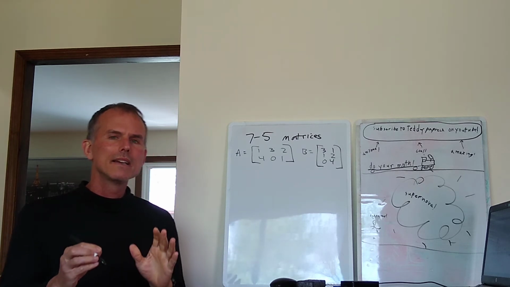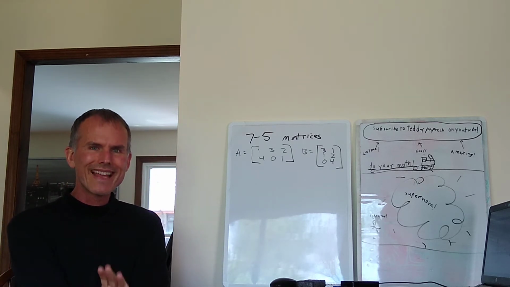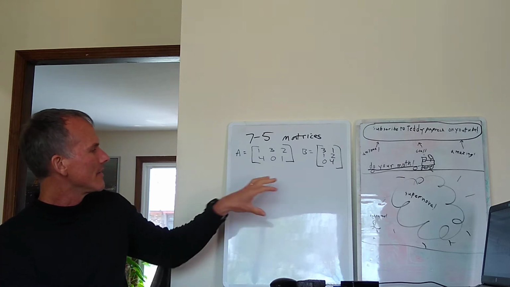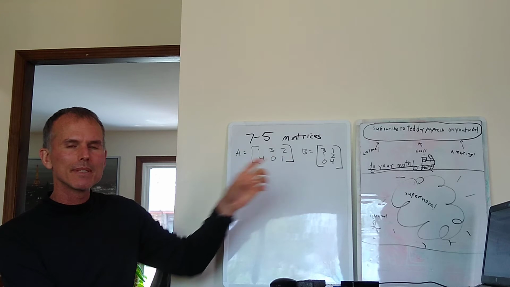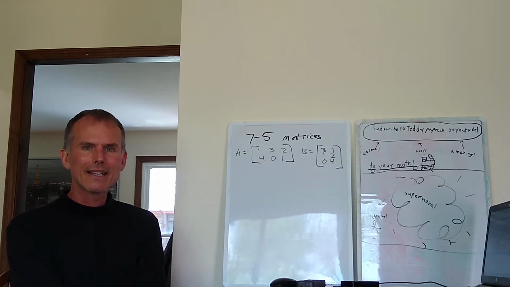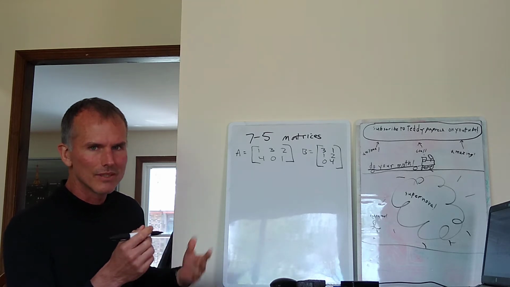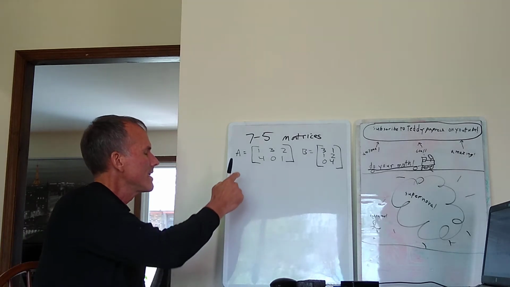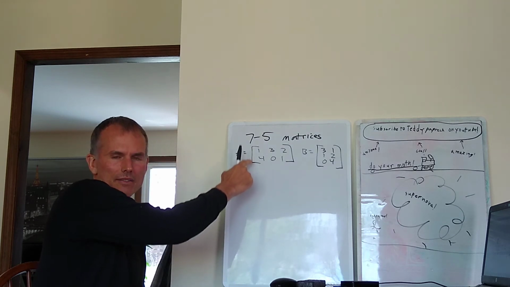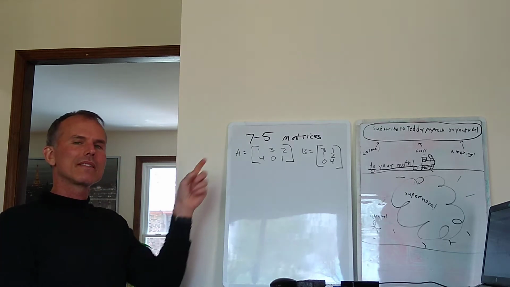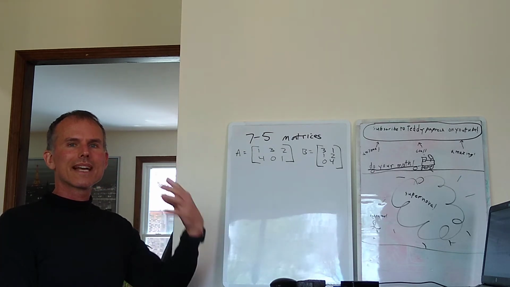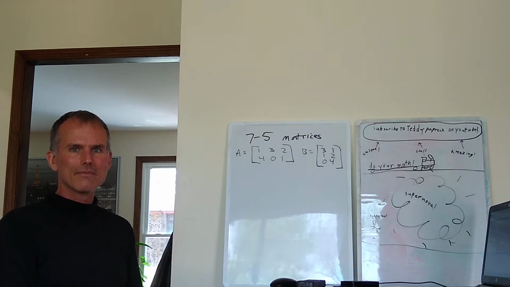So here's how to do it. To generate an element in the matrix that's going to result from taking A times B, I'm always taking a row times a column. The way I learned it anyway is if i is the number of rows and j is the number of columns, I'm always taking the ith row times the jth column.